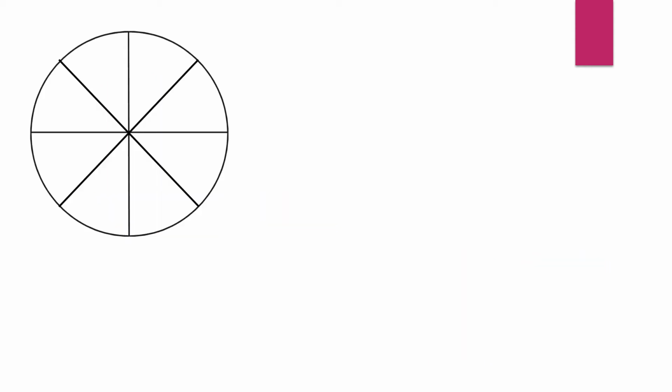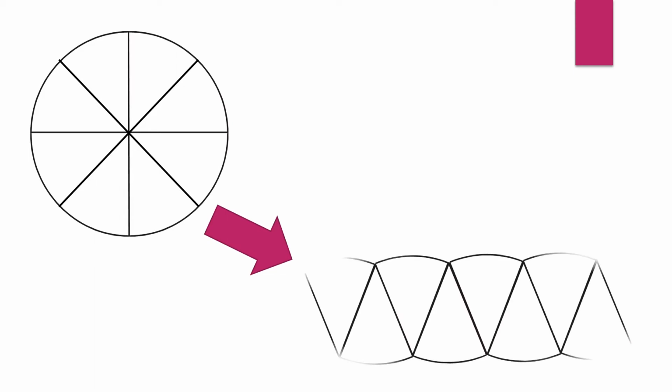So if I split my circle up into 8 segments, or eighths, then I'm going to find that if I transform it by extracting the pieces, the curve on the top and the bottom of my shape is becoming less of a curve and more of a straight line.